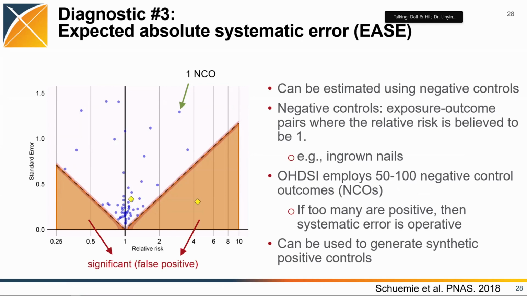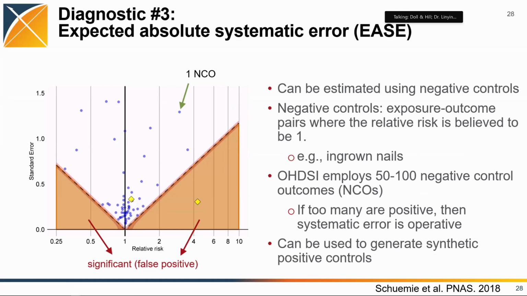But if we see a lot of dots in the two orange regions, then those are false positive signals from the database. If a lot of our negative control outcomes are found to be falsely positive, that would indicate residual confounding bias instead. That is how you read this figure to understand the residual confounding in the study.